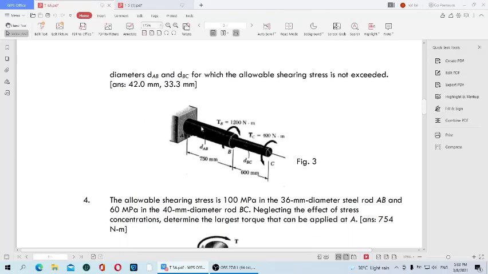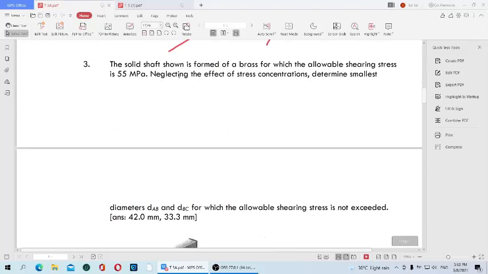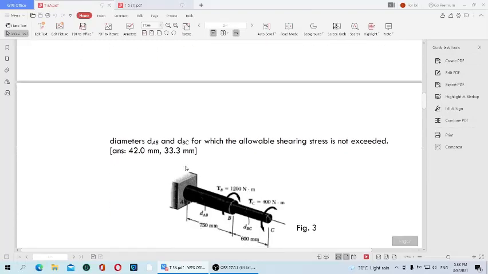So essentially, there is an object right here, solid cylinder shaft AB and BC. For the material of AB, both of it have the same shearing stress, which is 55 megapascal, but the difference is its diameter.